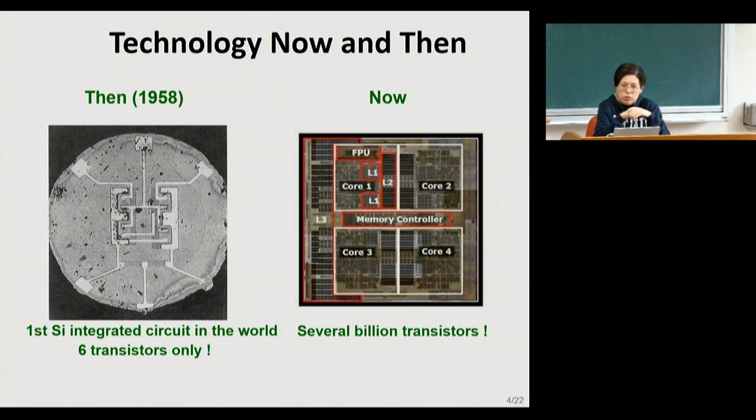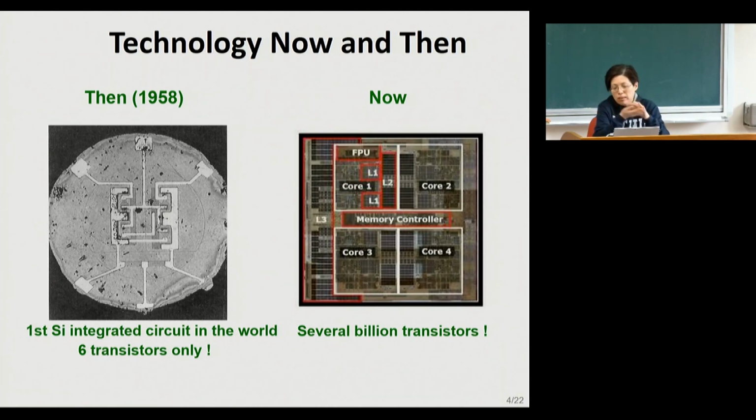Therefore, if you consider these 6 transistors, he combined 6 transistors on the same substrate, mostly semiconductor substrates, and that is the first version of the integrated circuit, consisting, as I said, of 6 transistors.